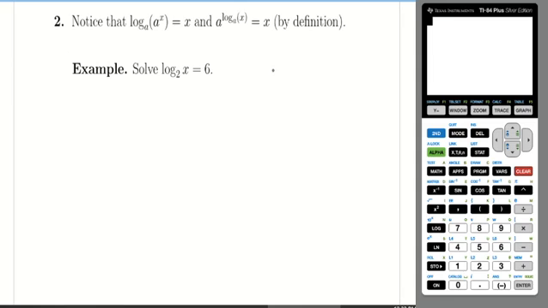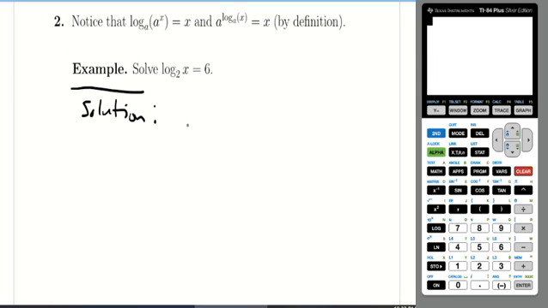So this simple logarithmic equation can be solved just by switching to exponential form.